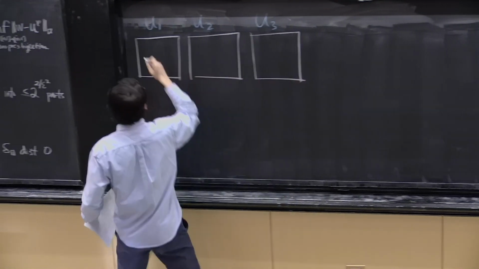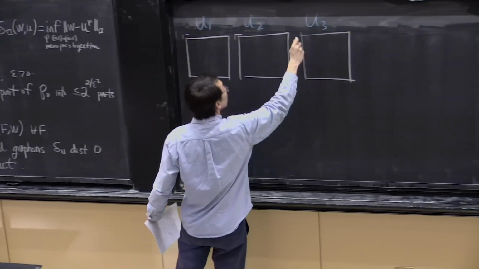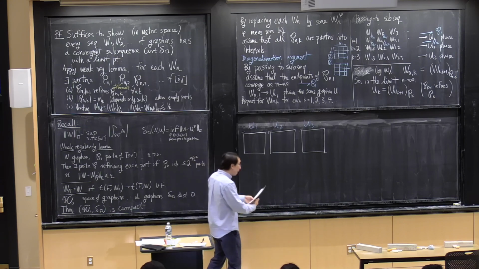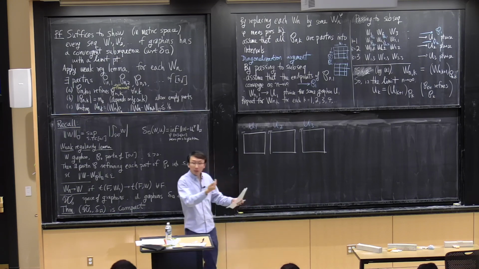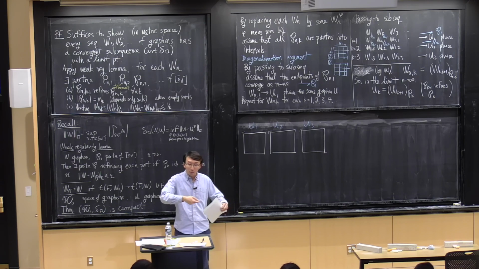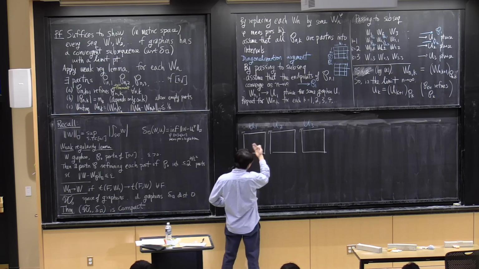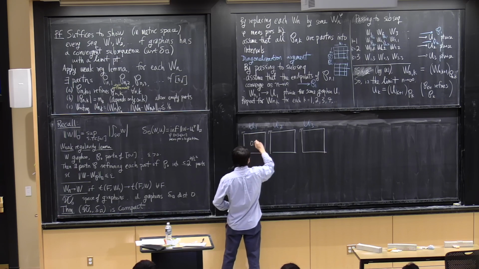I write this in matrix notation so that the origin is at the top left corner. So U1 might be, well, maybe P1 is just the trivial partition, in which case U1 is going to be a constant graphon. Let's say it has value 0.5.